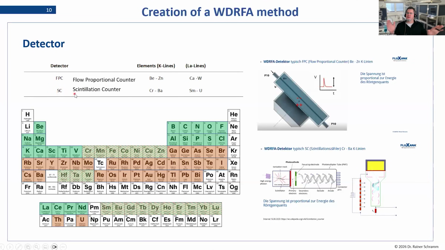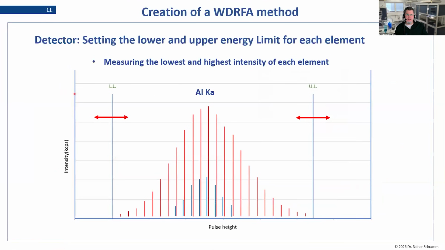But again, there is an overlap, a gray zone, and depending on your manufacturer, some start at a lower energy, switching from the FPC to the SC, for example. Both work and both perform fine. It's just that sometimes you have a small advantage using the other. But you usually have those two, and the line library will tell you when to use what.